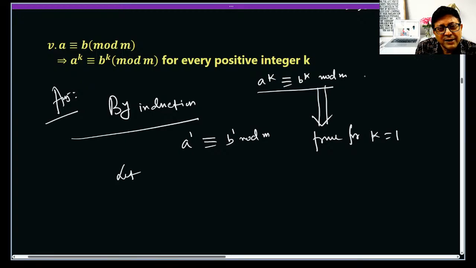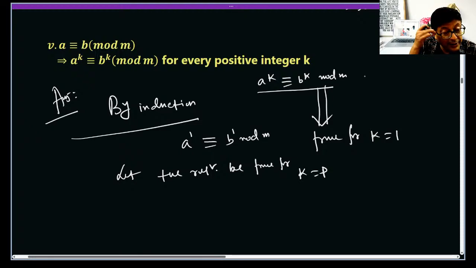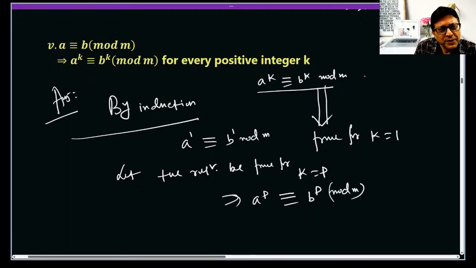Let the congruency relation be true for k equal to p, where p is an integer. So this implies a to the power p is congruent with b to the power p mod m, isn't it? Now this is your number 2 and number 1 is here.